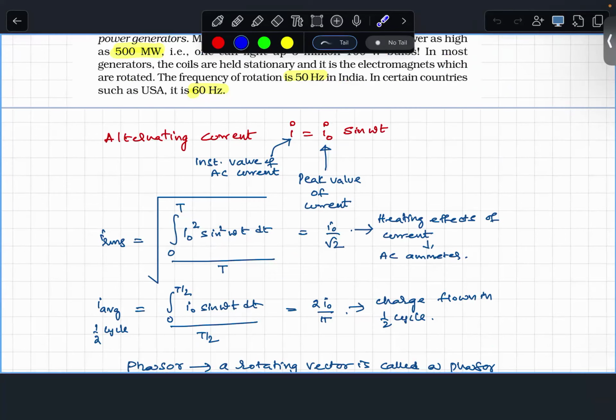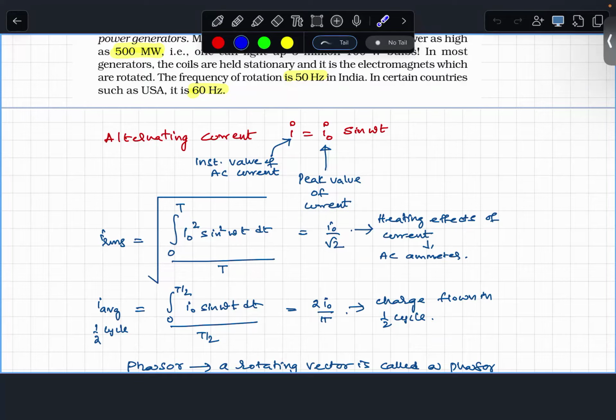Here, I refers to the instantaneous value of the AC current. I naught refers to the peak value of the AC current. Omega refers to the angular frequency of this AC in radians per second.